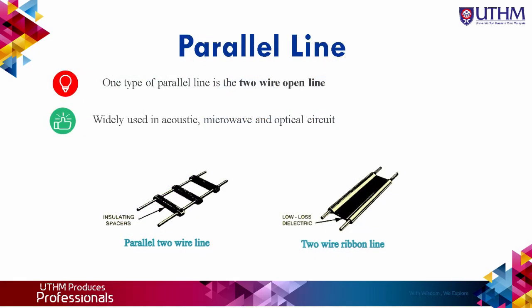For parallel line, one type is the two-wire open line, which is widely used in acoustic, microwave, and optical circuits. Parallel line also consists of two types, parallel two-wire line and two-wire ribbon line. As we can see here, the diagram is different in design but still parallel.